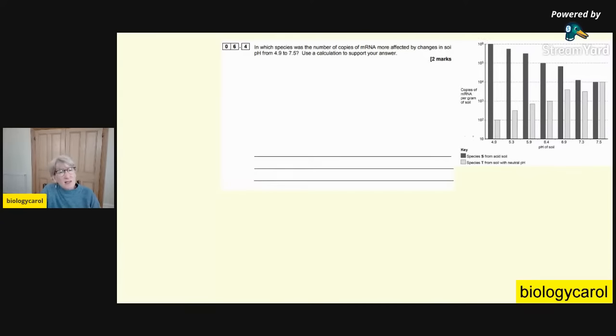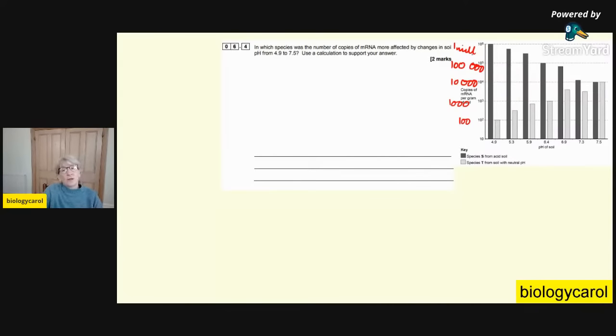Now, this is about recognizing and understanding almost logarithmic scale. This is a logarithmic scale because it's going up in factors of 10. This is 10, this is 100, this is 1,000, this is 10,000, this is 100,000, and this is 1,000,000.